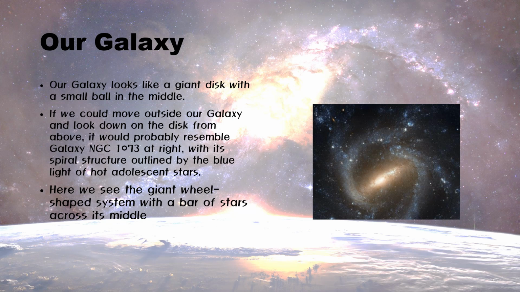We can also see the shape of this galaxy is a giant wheel-shaped system with a bar of stars across its middle. We'll learn later about these types of galaxies, referred to sometimes as spiral or even barred spiral galaxies. So this is something that we're going to expect to see if we look at galaxies that are very similar to our own.